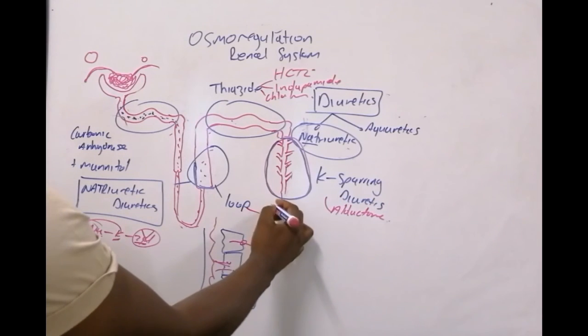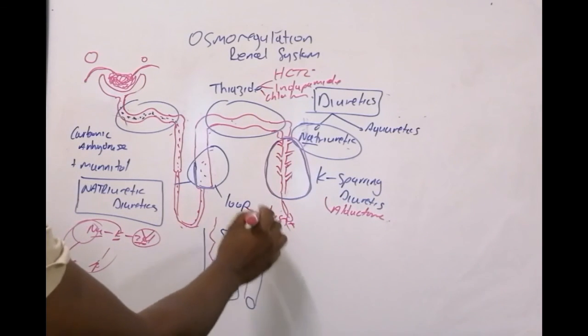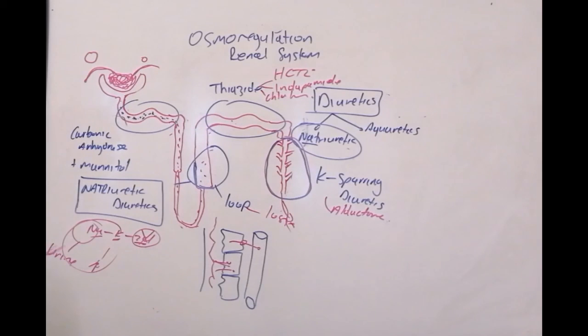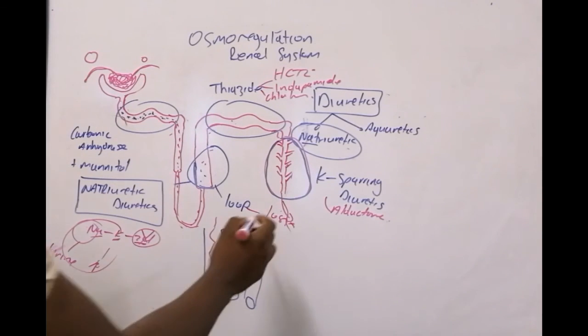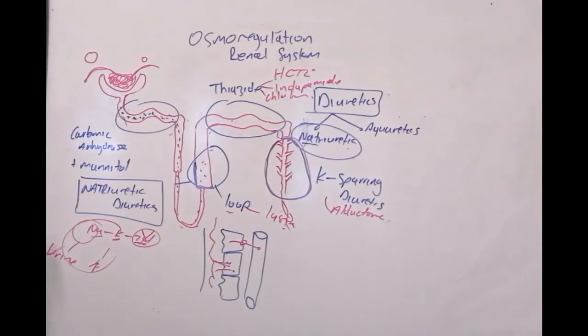And here, most famous is Lasix or furosemide. There's torsemide, but we don't have them. I've never seen them in South Africa. So the most common one is Lasix or furosemide, right? And we've mentioned mannitol and acetazolamide, the common ones.